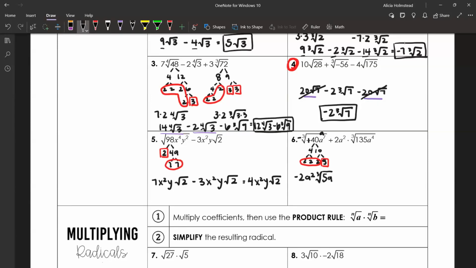Okay, over here, this is just showing this as the coefficient, like this is all out front of our radical, 2A squared. So let's simplify this down. 135, let's see. Let's do 5 and 27. 27 is 3 and 9, which is 3 and 3. Our index is a 3, so we want groups of 3 things.